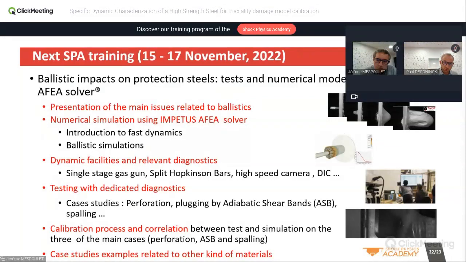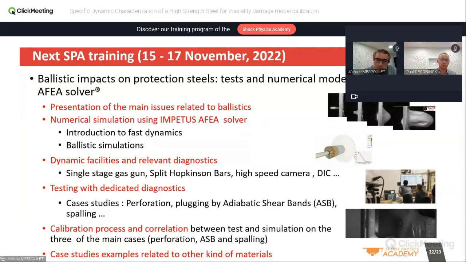You will also be able to have some introduction to experimental techniques with single-stage gas gun and split Hopkinson bar. You will also be able to manipulate some high-speed camera, DIC, and so on. And of course, we'll have some impact testing in our lab.